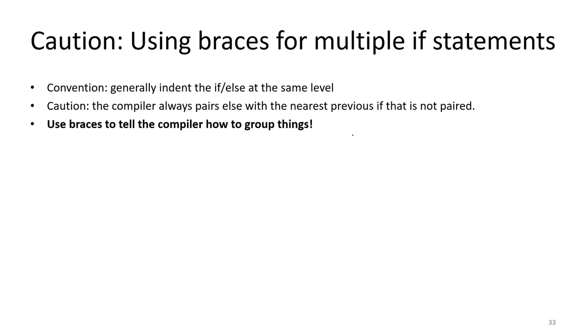Okay, a couple other things to be careful of. We generally want to indent all the if-else statements that are at the same level. Indenting becomes very important when we have many if and else statements.